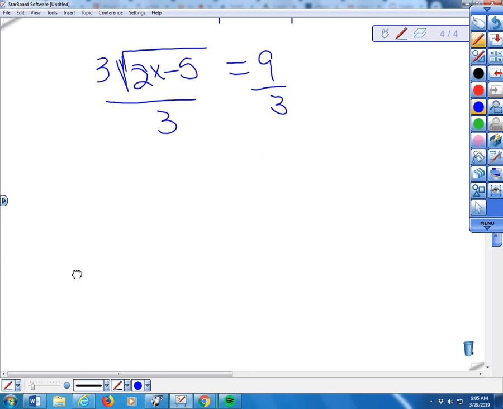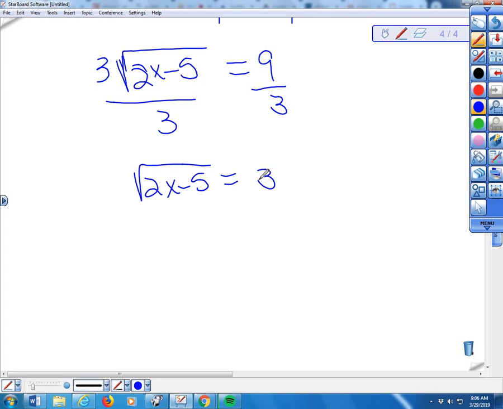And I get the square root of 2x minus 5 equals 3. Now, once you have the root isolated, to undo a square root, I must square it. If I have two roots times each other, it's just whatever's under the root, the radicand. It cancels the root out.